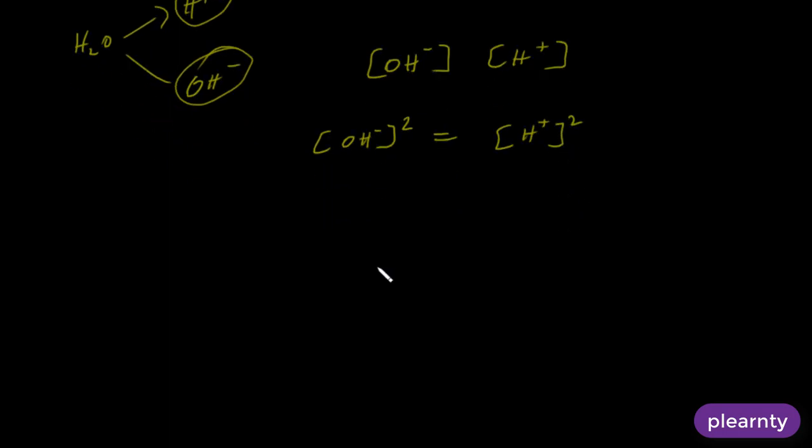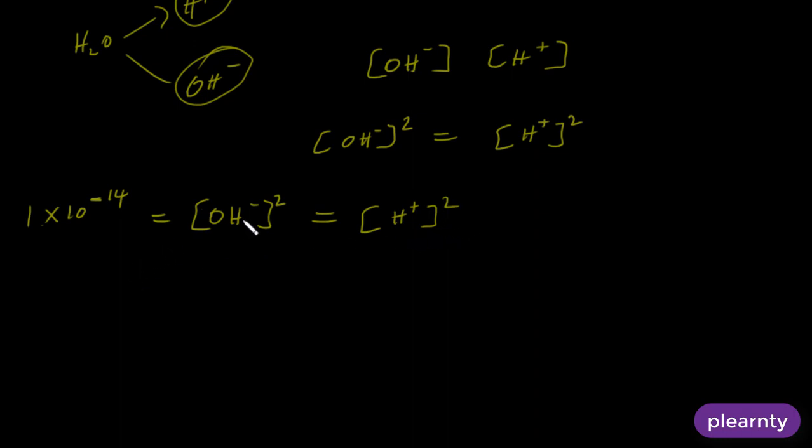So we can now rewrite our equation that 1 times 10 raised to power minus 14 is equal to the concentration of OH minus square, which is also equal to H plus square.